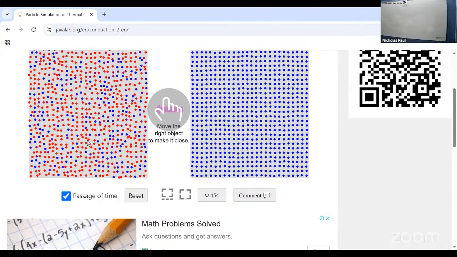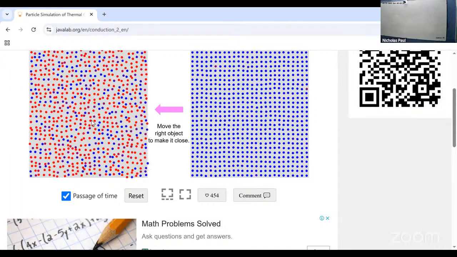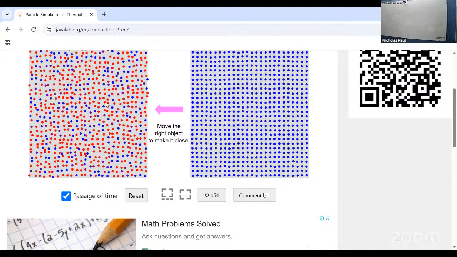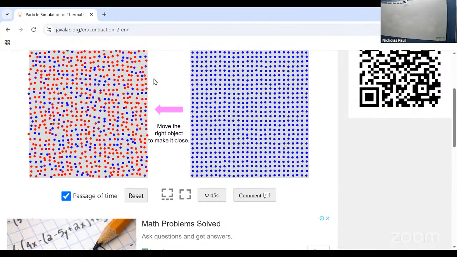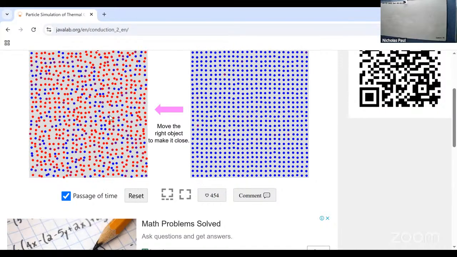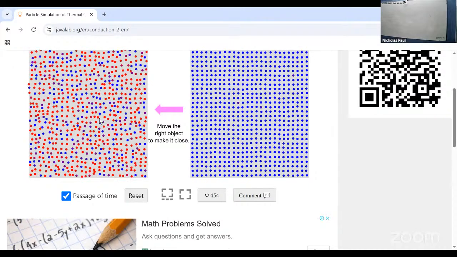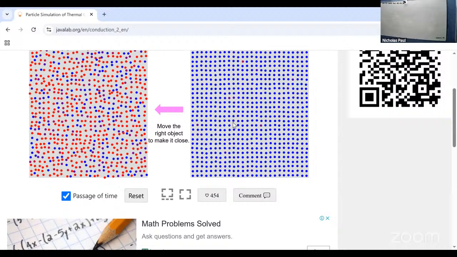So here on the left-hand side, we have an object that's hot. How do we know it's hot? Because the particles have a lot of energy and they're vibrating a lot more than the object that's not. So the way heat will go from the blue and red to the all blue is via conduction.